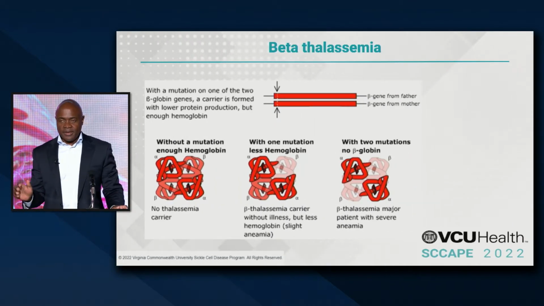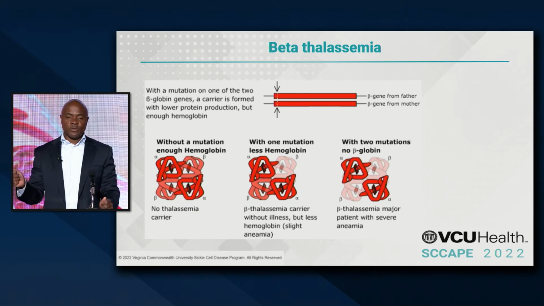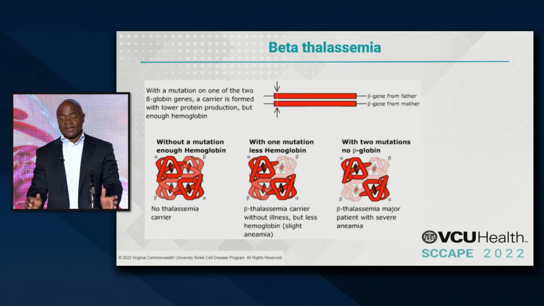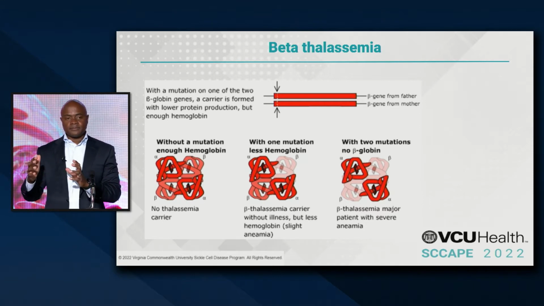Now, the other two sickle cell diseases or variants, sickle beta thalassemia. There's sickle beta 0 and sickle beta plus. Understanding beta thalassemia, it is a genetic blood disorder all of its own.